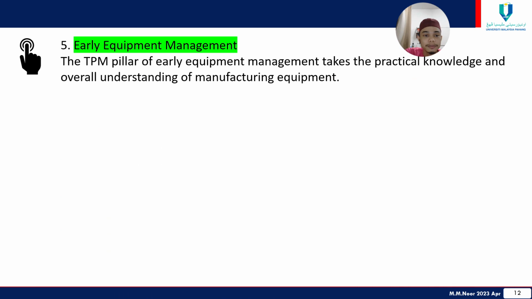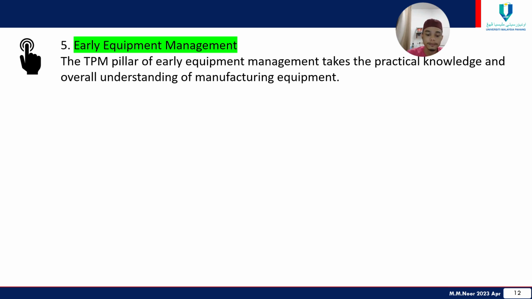Next, early equipment management. The TPM pillar of early equipment management takes the practical knowledge and overall understanding of manufacturing equipment. So this is like the first one, but this time for the whole plant.